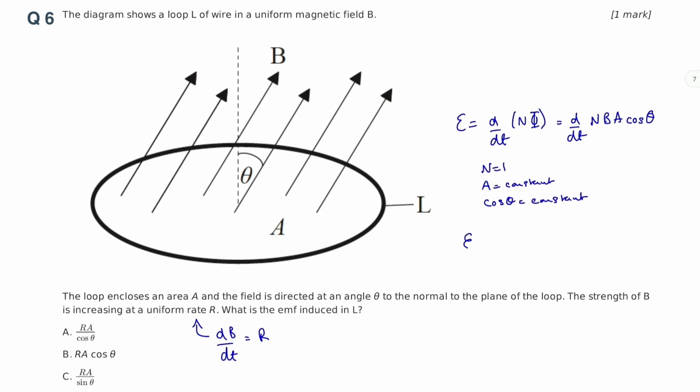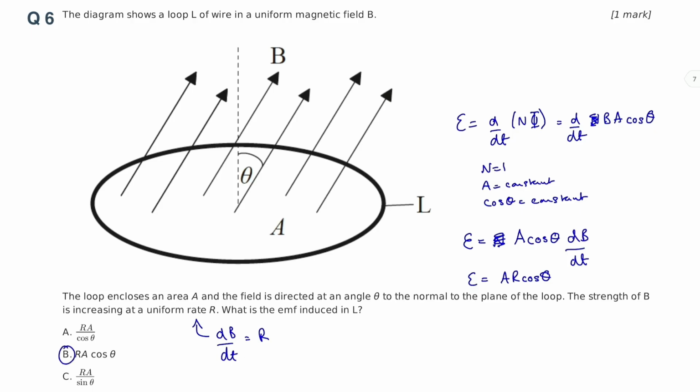So if we rearrange this equation, N is 1, we've got A cos theta, because that comes out, dB by dt, and B is the only thing that's changing. And instead of dB by dt, we put R, so EMF is equal to AR cos theta. Are there any answers there that give us that?